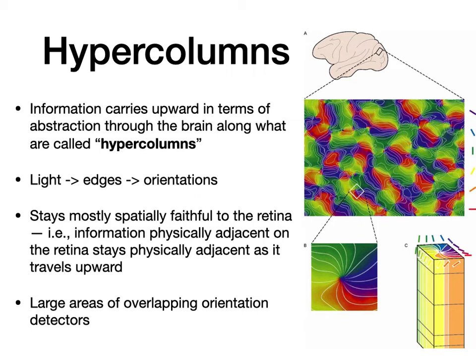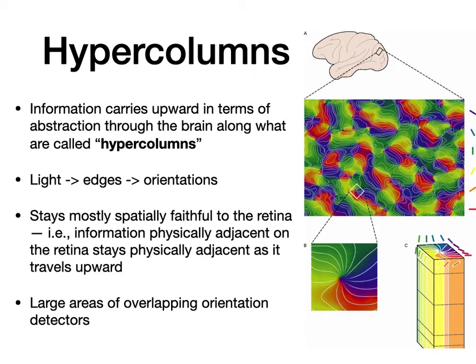We'll talk about some of those in a minute. An interesting feature of these hypercolumns is that for a while they stay pretty faithful to the organization of the retina, right? So this little region that we see down here highlighted of these orientation detectors is roughly spatially accurate, right? It's still connected to something in the bottom left part of the visual field.